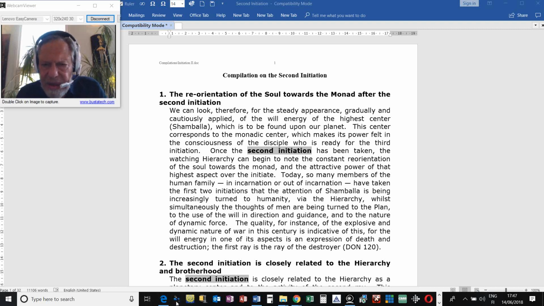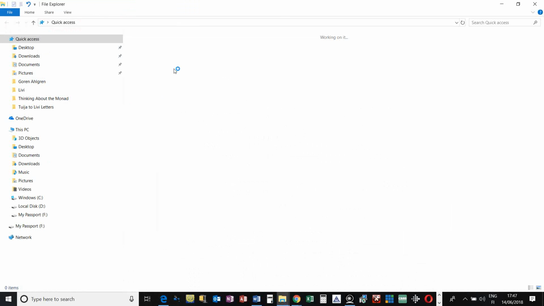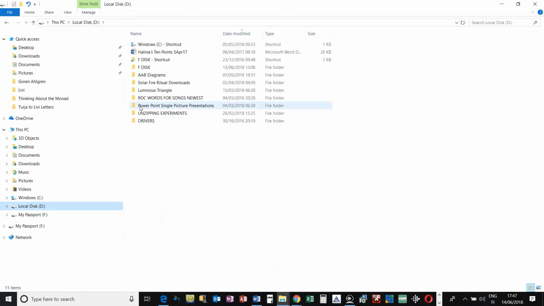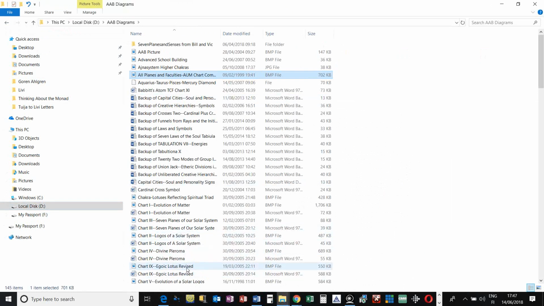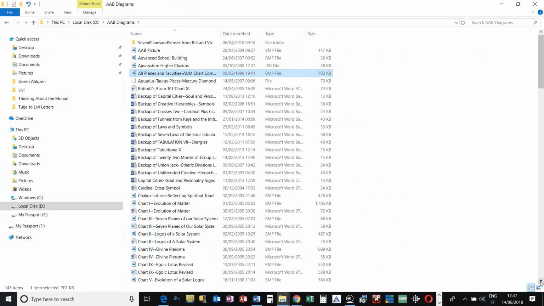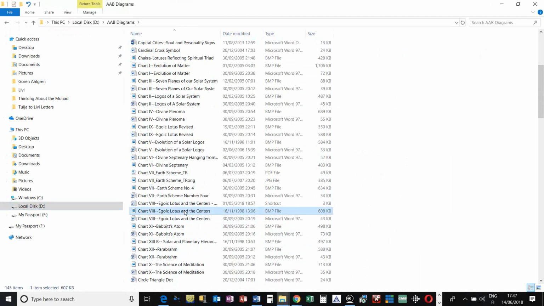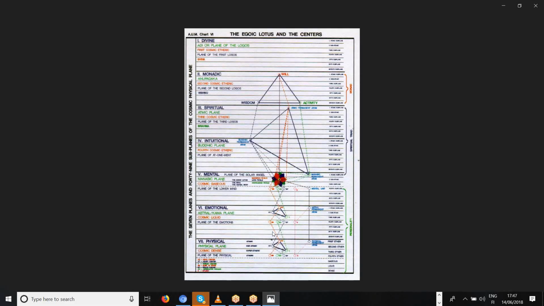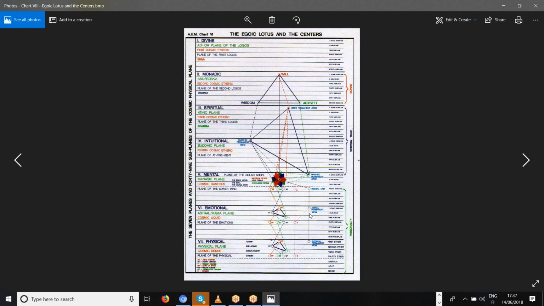What an interesting idea. And if I look at this a little bit in terms of diagrams, we may be able to see why this is the case. So these are the AAB diagrams, and if I go to diagram number 8, the egoic lotus and the centers, we will see that the second initiation largely focuses upon the second plane or sixth plane, depending on how we're counting, and it has the same numbers, 6 and 2, 2 and 6, as does the monadic plane, where the monad, as we usually consider it, is found.